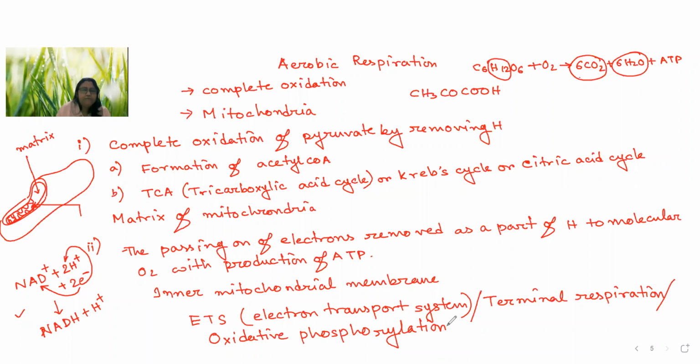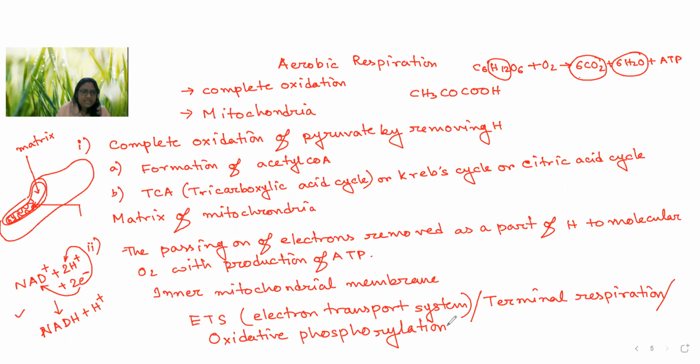So oxidative phosphorylation is occurring in presence of oxygen. That's why we call it oxidative phosphorylation. And the final electron acceptor in our body is oxygen. And that's why we cannot live without oxygen, because until and unless the electron is received by oxygen, ATP is not formed.